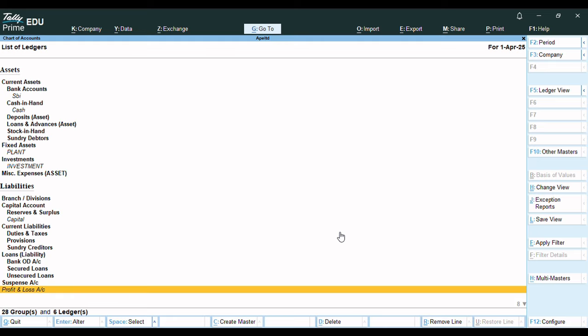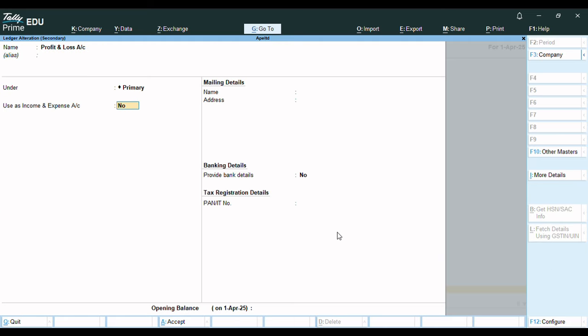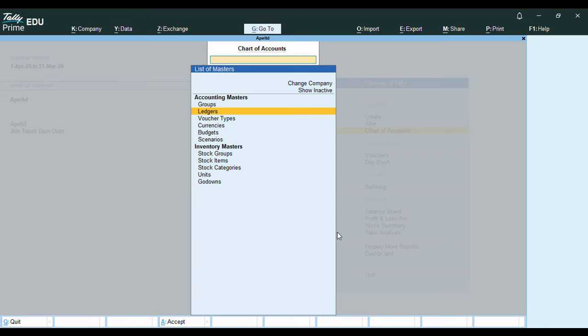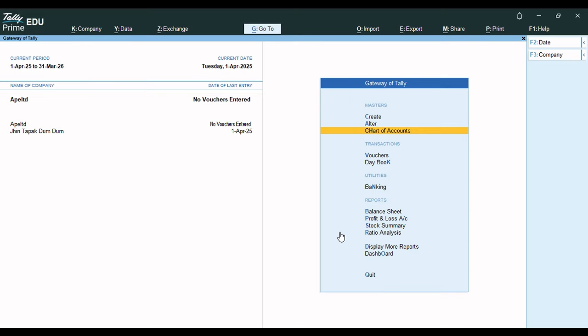These both accounts are inbuilt. You need to give only the opening balance. Profit and loss is 50,000. Okay, done with this. So give one escape, then two escape. You will come to the main gateway of Tally interface.